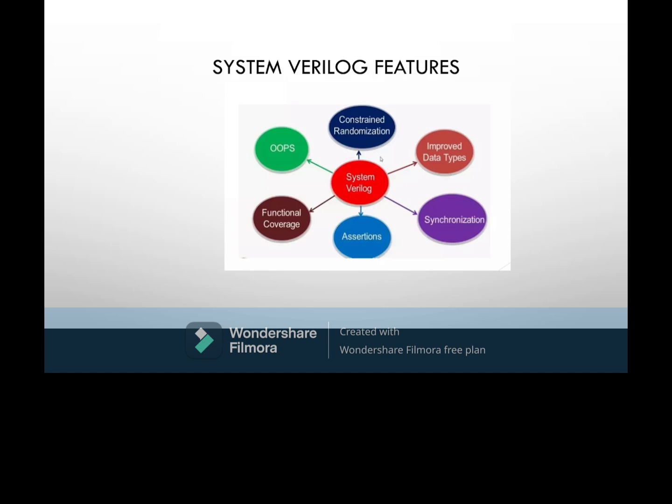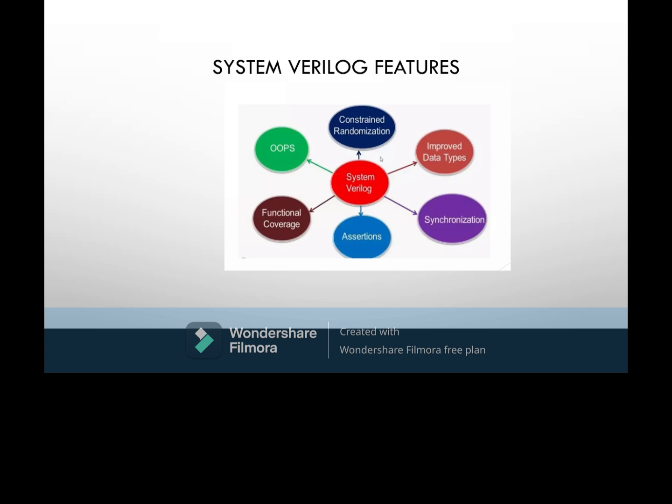Some of the very important features which made SystemVerilog more advanced compared to Verilog are randomization, improved data types, and synchronization. Synchronization means the RTL and test bench working together.